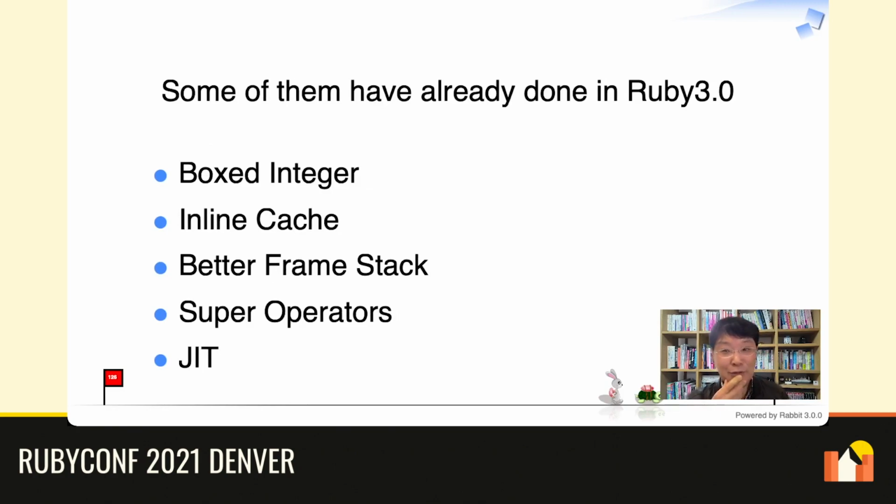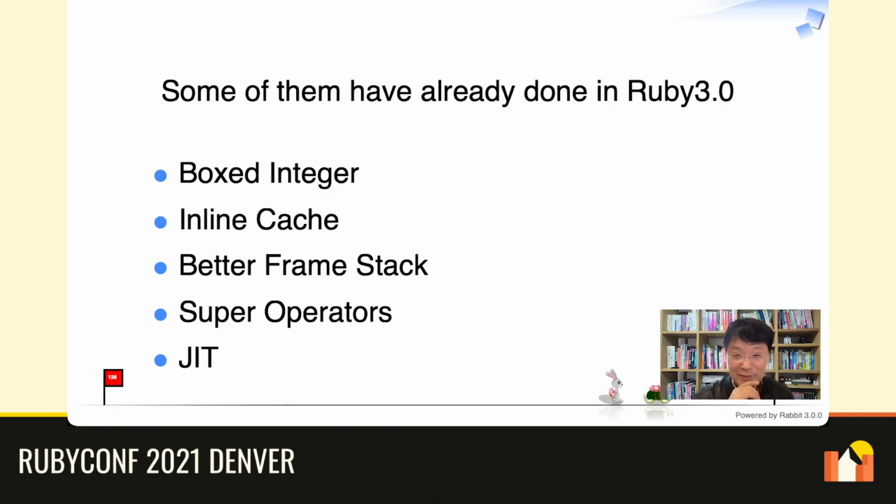Some of them have already been done in Ruby 3.0. For example, better integer representations, or we already have inline cache, both in the instance variables and methods, and we have better frame stacks, and some super operators, and we already have the JIT compilers.